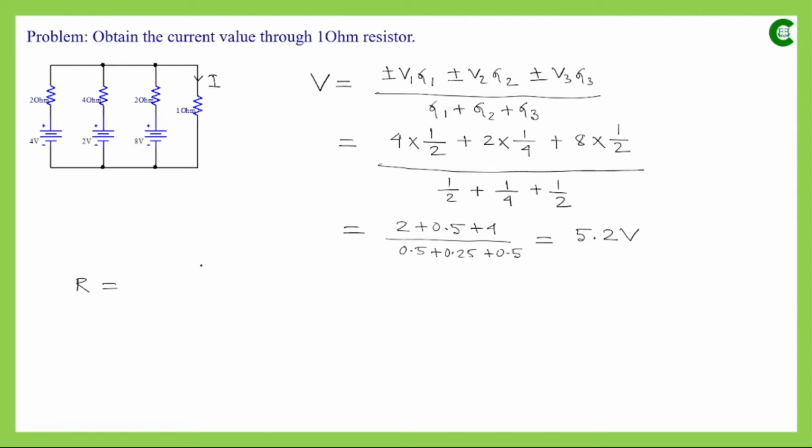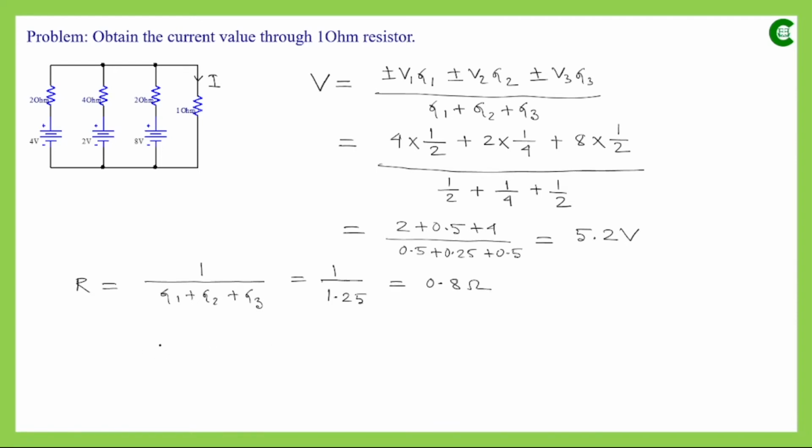As we have seen in the previous slide, it will be simply the reciprocal of the summation of all the conductances. So it will be 1 by G1 plus G2 plus G3, and as we have already seen that sum is 1.25, it will be 1 by 1.25, and finally it will come as 0.8 ohm.